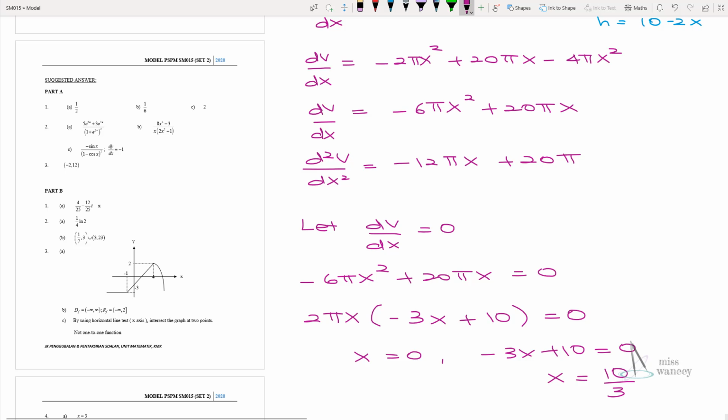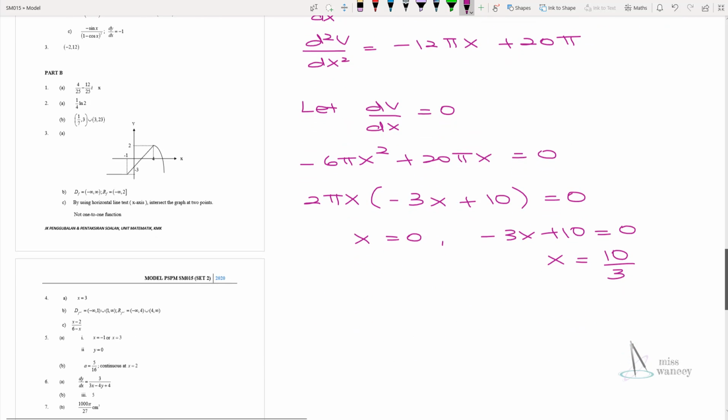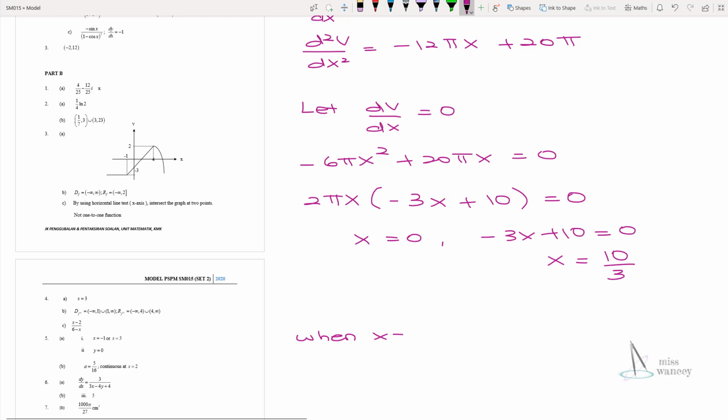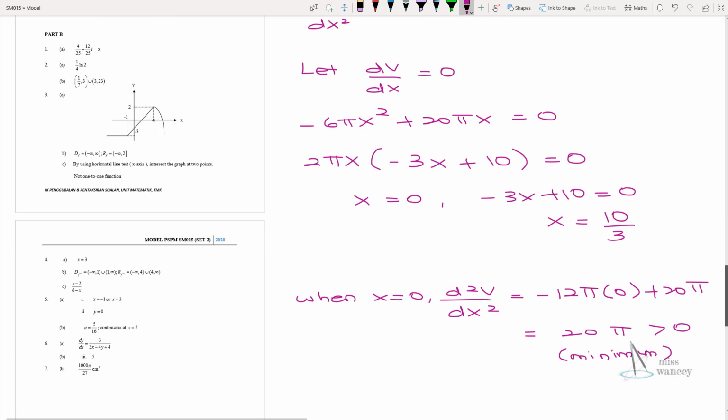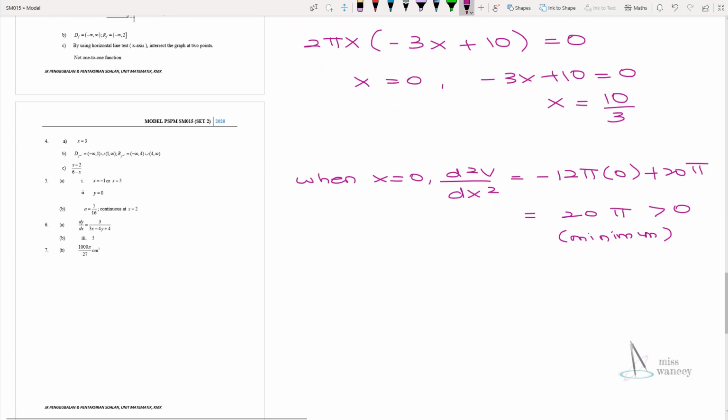Okay, so now I need to know which one gonna give me a maximum volume. So we got to substitute into the second derivative. So when x is equal to 0, d2v over dx squared is equal to negative 12 pi times with 0 plus 20 pi. So this is actually equal to 20 pi, which is greater than 0. So this is definitely a minimum volume. Okay, so now the next one is that the x is equal to 10 over 3.